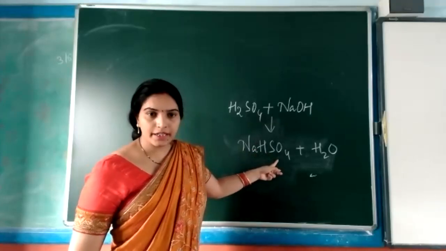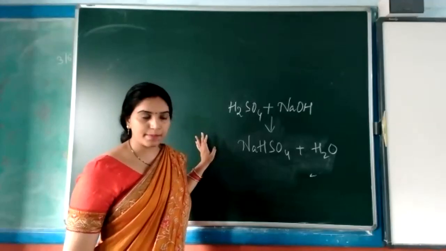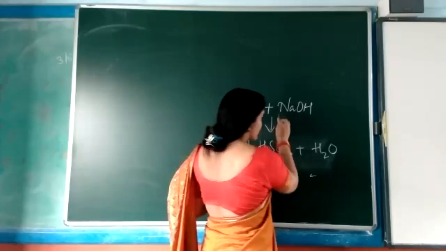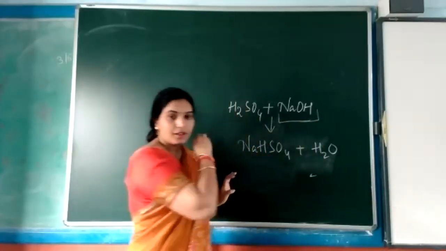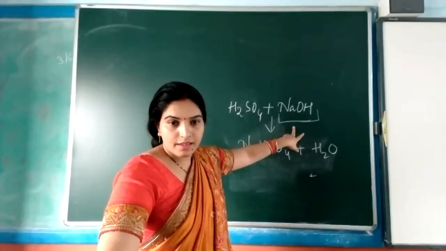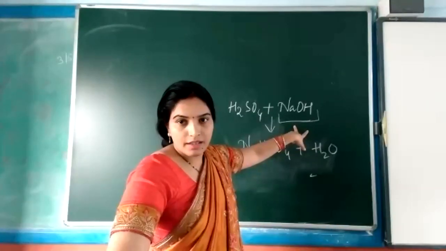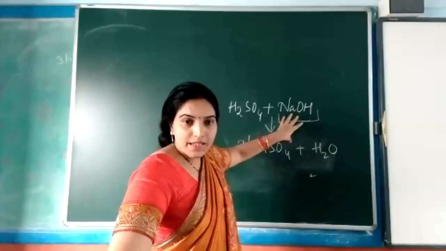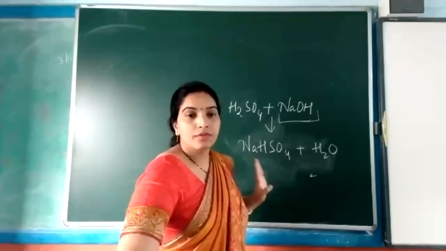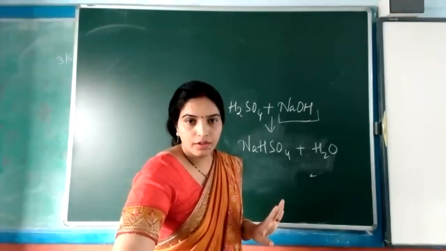NaHSO4 is the final product. Why is it so? Because partial replacement of hydrogen ion takes place. Why this partial replacement, why not complete? Because of insufficient base. Clear? The amount of base is very little in comparison to acid, so there is formation of sodium bisulfate, that is NaHSO4.